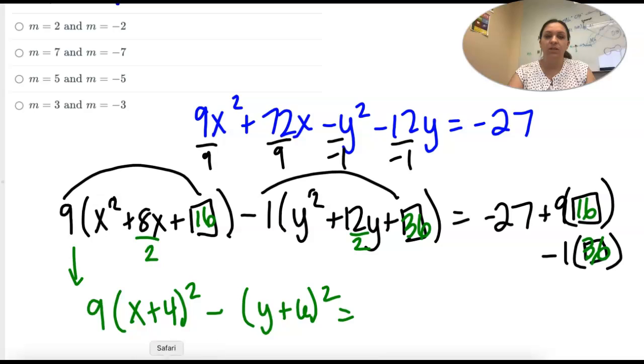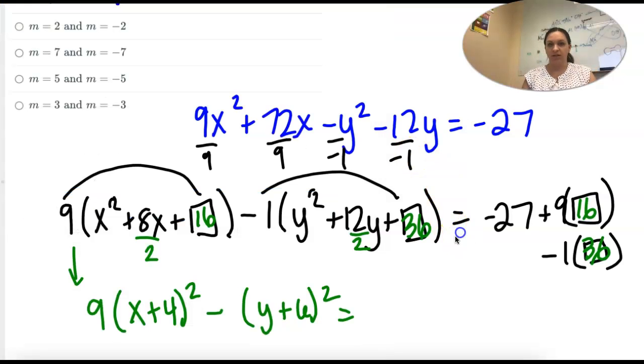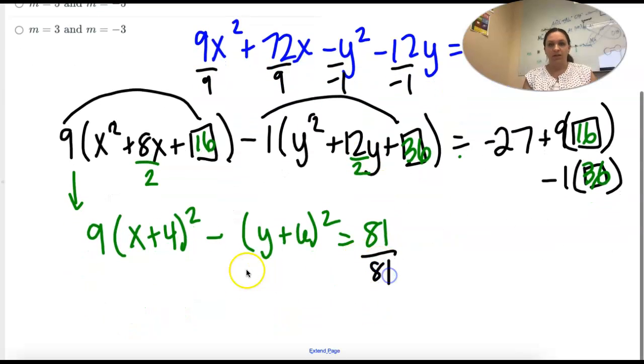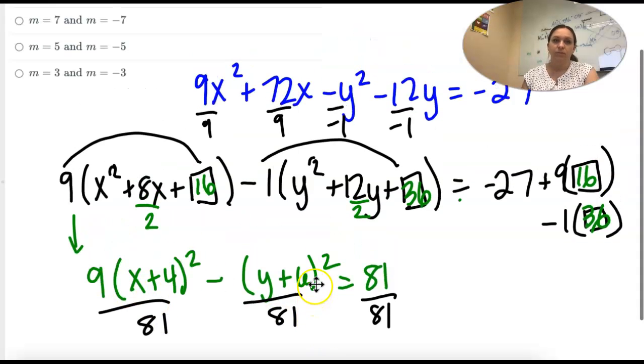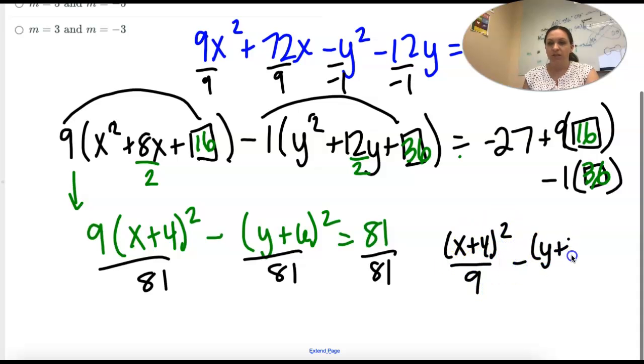So equals negative 27 plus 9 times 16 minus 1 times 36, 81. Okay, it has to equal 1, so I'm going to divide by 81 all the way through. So I have x plus 4 squared over 9 minus y plus 6 squared over 81 equals 1.